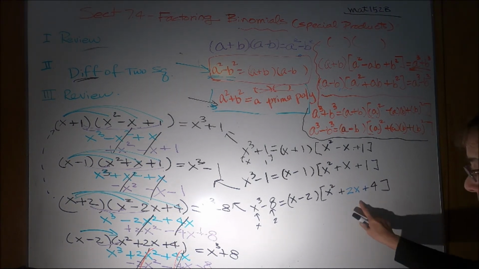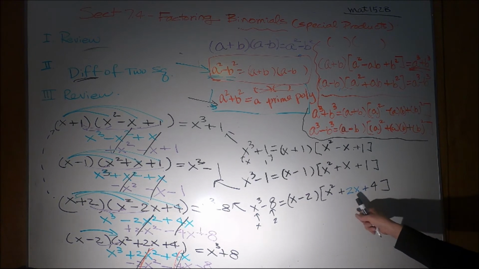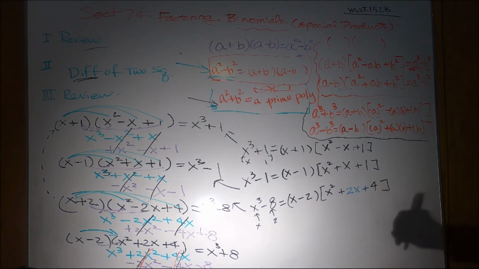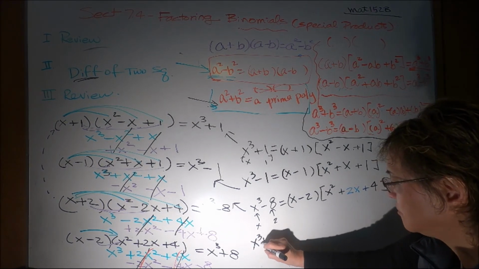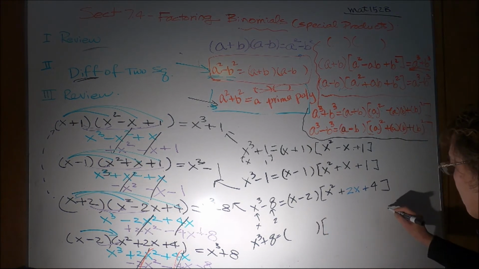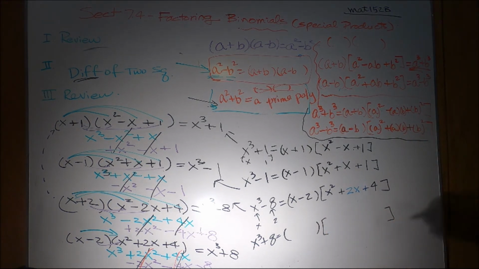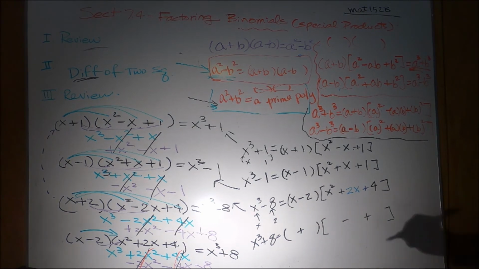Okay, but sometimes you will have a different situation. Then you will make a mistake here. Let's talk about that later. Okay, so if I have x cubed plus 8, do I have the sum of 2 cubes? Yes, x and 2. So I have plus here, minus here, plus here, right?